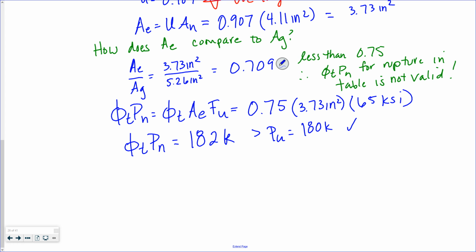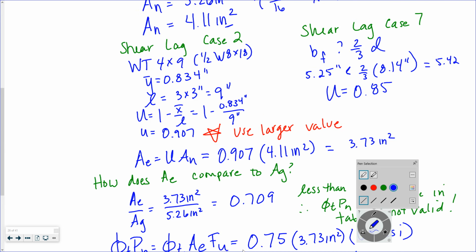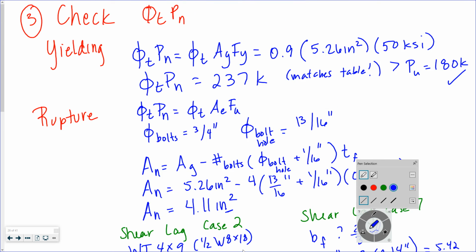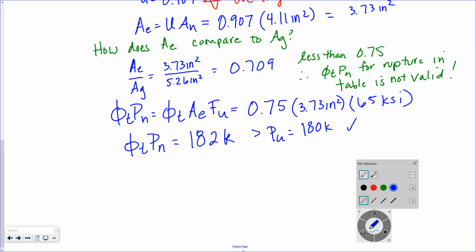So, all right, my W 8 by 18 actually works. It just barely does, but what you'll also notice is with the configuration, with the geometry, my rupture limit state, yielding was 237 and my rupture limit state was 182.